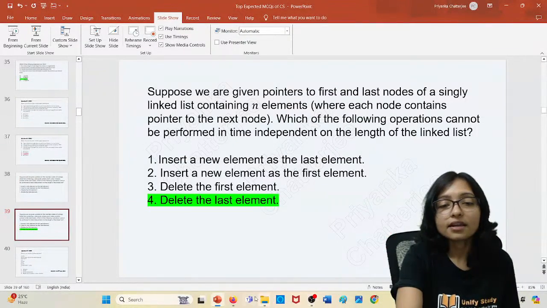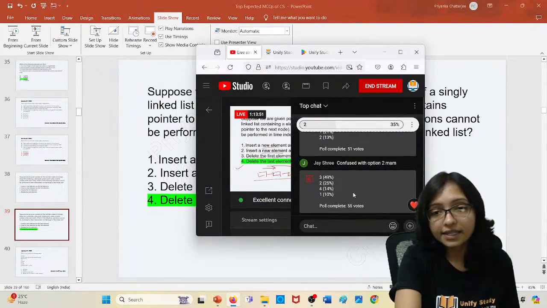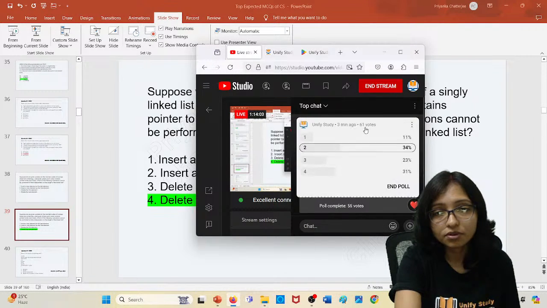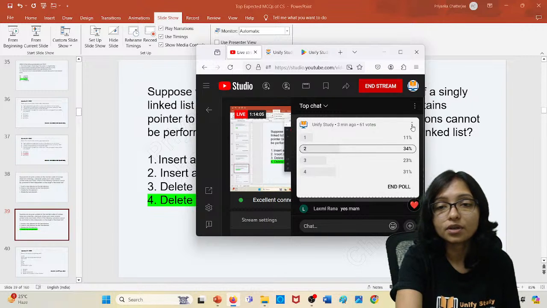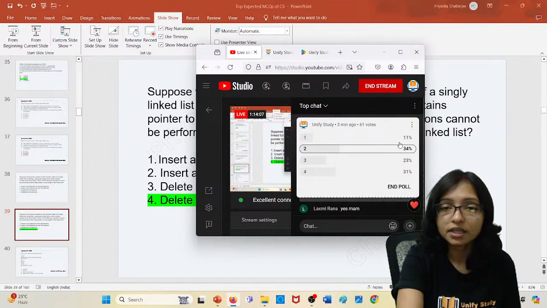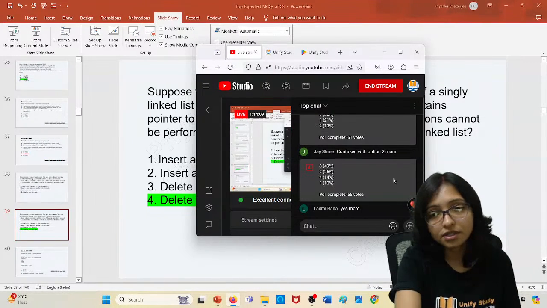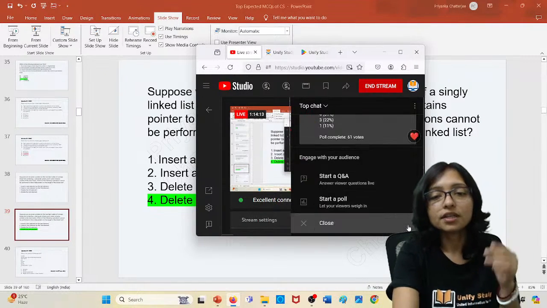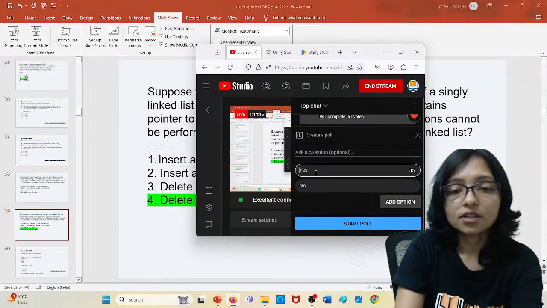And here, how many of you are correct? 49%, 34%, no, 34, 31% students are correct only for this question. Others all made mistakes. So I am starting the poll for the next question here. You can answer on the poll.